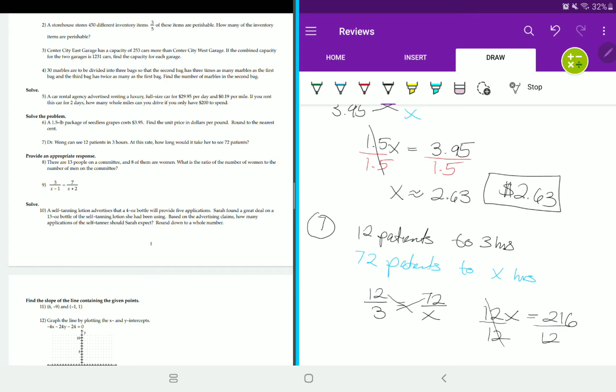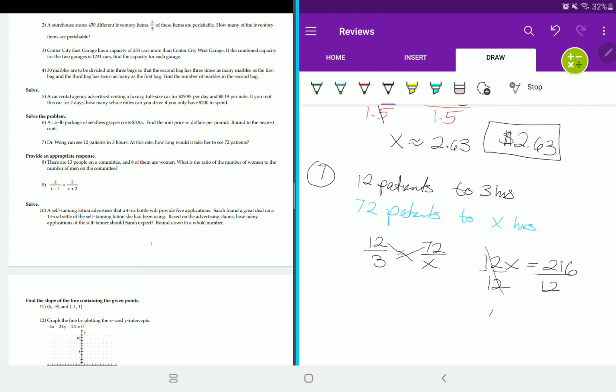That 12 is gone. X equals 216 divided by 12, and 216 divided by 12 is going to be 18. So the answer for question number 7 is going to be 18 hours. It'll take her 18 hours to see 72 patients.